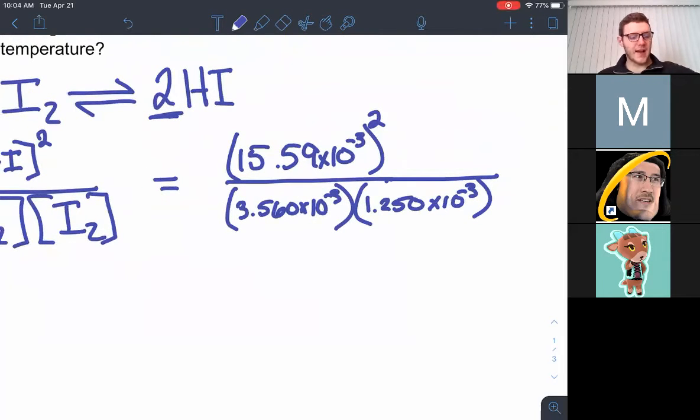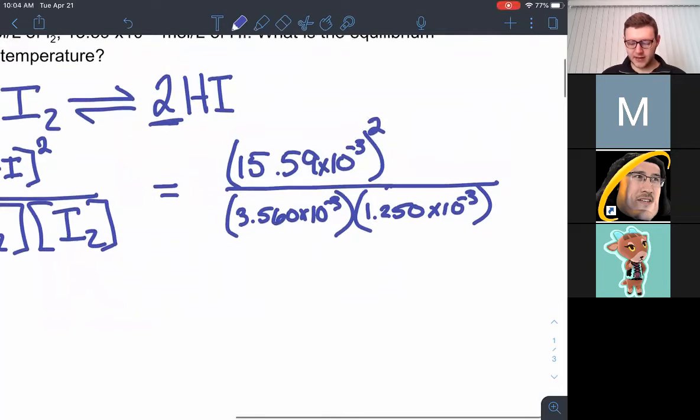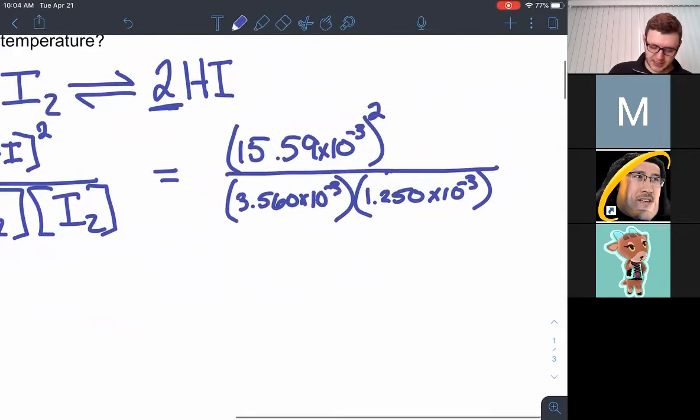Now when we put this in our calculator, I did see a few people making calculator errors. Just because there was a lot of that, we're going to do it together. So we do 15.59 times 10 to the negative third squared.